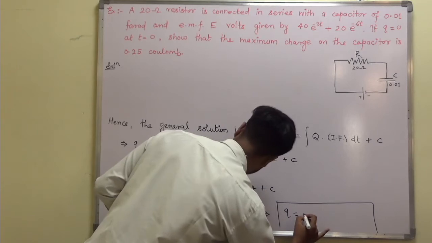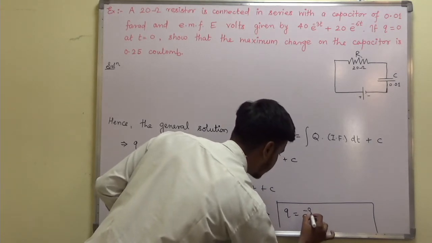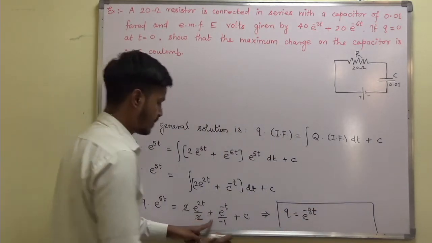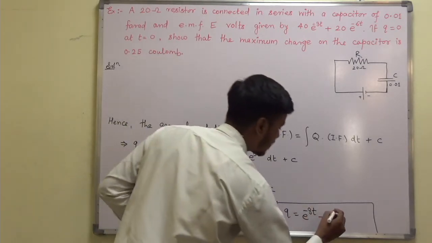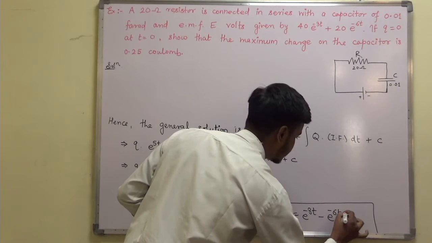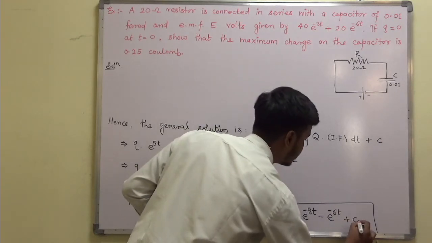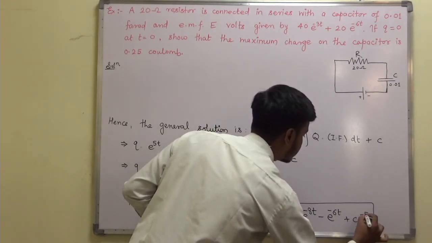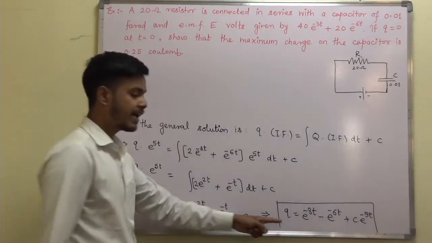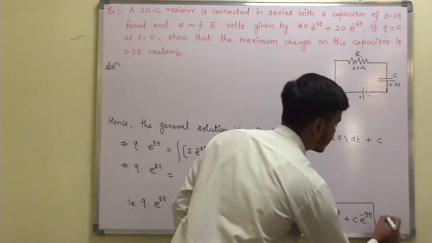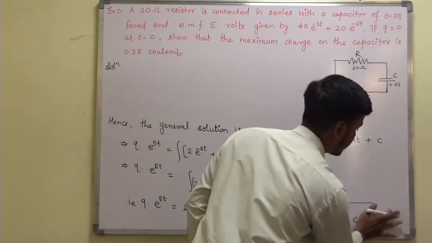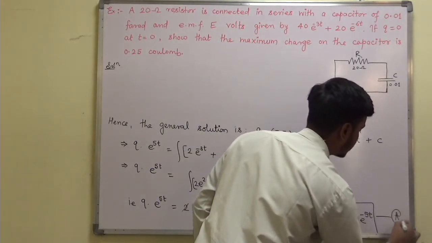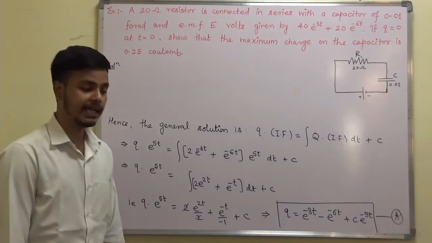So this is e to the power minus 3t minus e to the power minus 6t plus c e to the power minus 5t. So we have this equation. Say this is to be my equation number, which one is it? Okay, I don't remember exactly. So say this is equation number A.